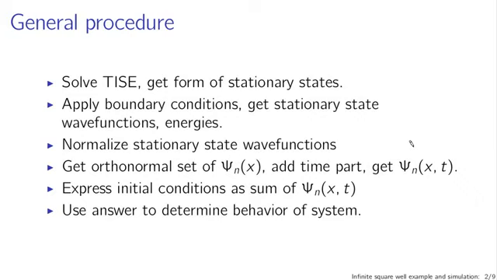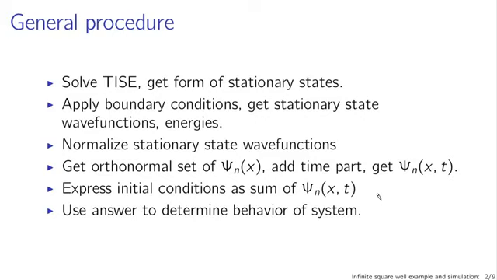We can add the time part that we got when we separated variables in the time-dependent Schrödinger equation. We can then express our initial conditions as a sum of these stationary state wave functions and use this sum to determine the behavior of the system.